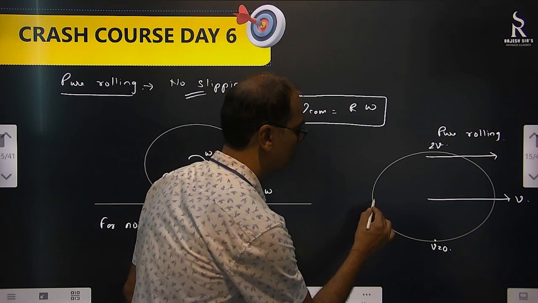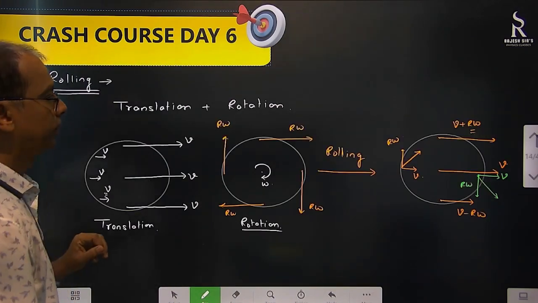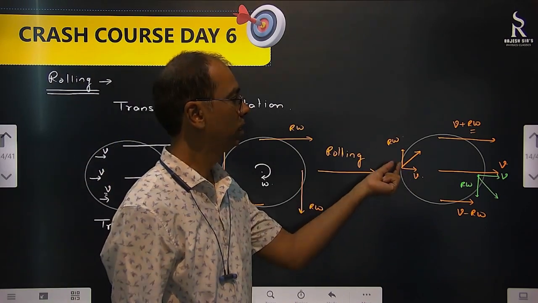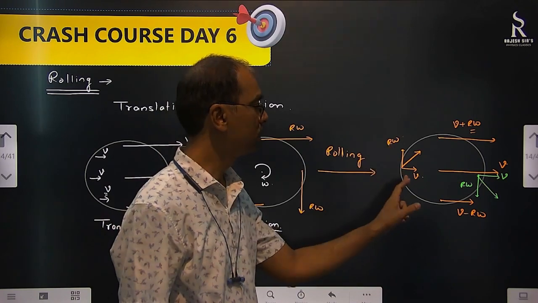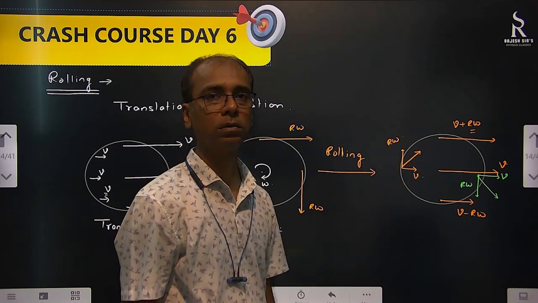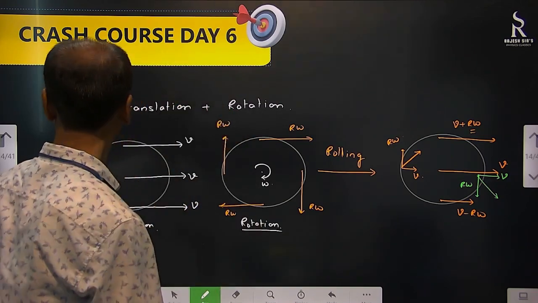Velocity of this here, let's go back and check. V here, R omega here. But we are saying R omega is also equal to V. So this is also V, this is also V. So what will be this? Root 2V, because they are perpendicular.